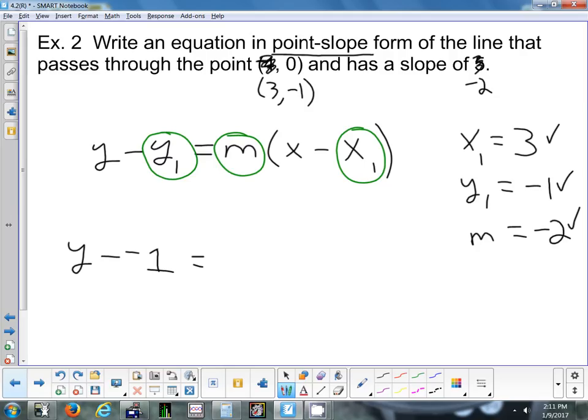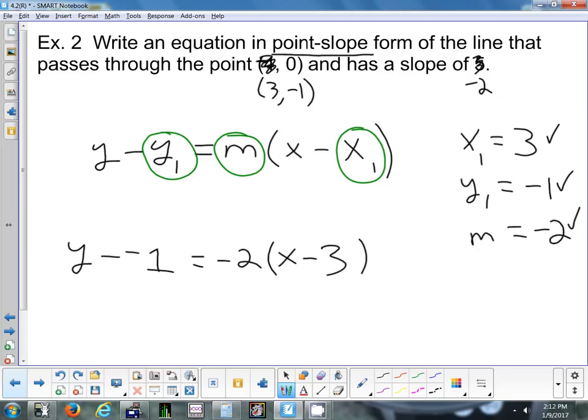Okay, Ashley, what am I plugging in for m? -2, parentheses. Trenton, do I change the x? Nope. Do I change the minus? Nope. Now fill in x1, 3.